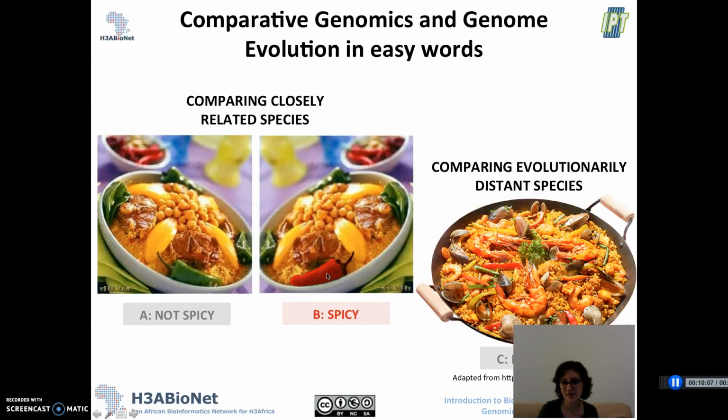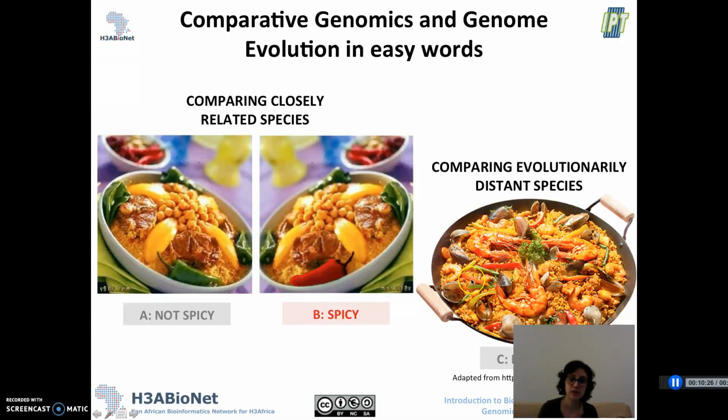But if we were comparing the first not spicy dish to a different spicy dish, we wouldn't be able to say that the character spicy is due to the pepper. I hope you see the example, because here you have so many differences between the dishes that comparing them directly would not allow you to know what is causing that specific character, being spicy.